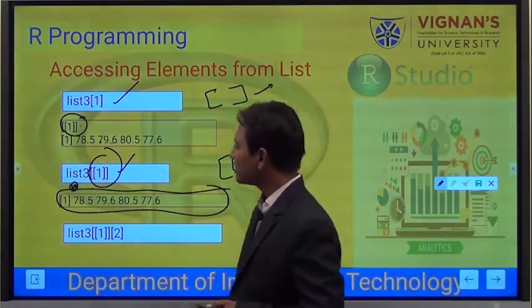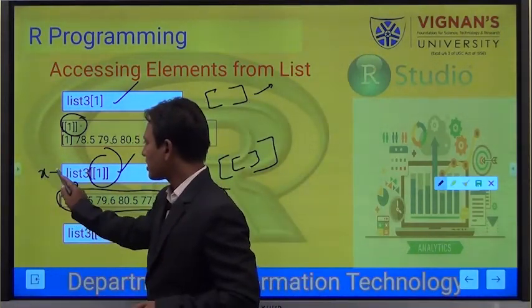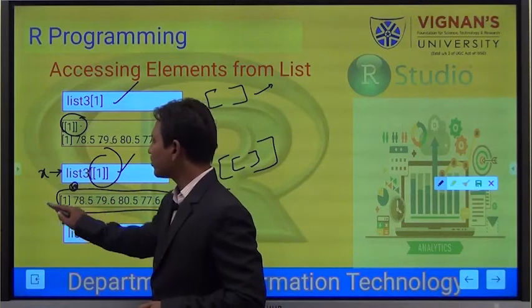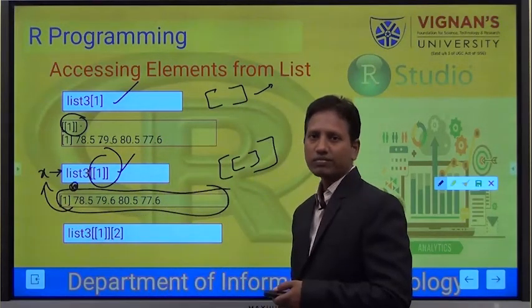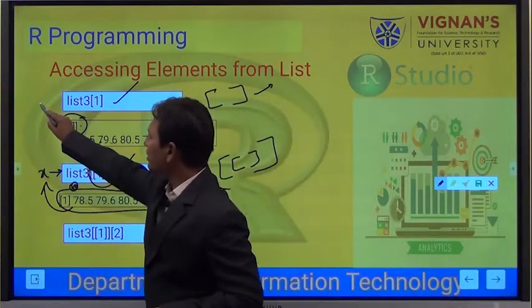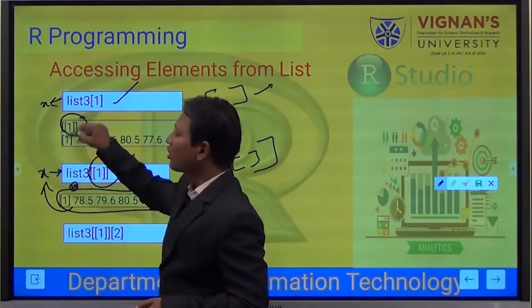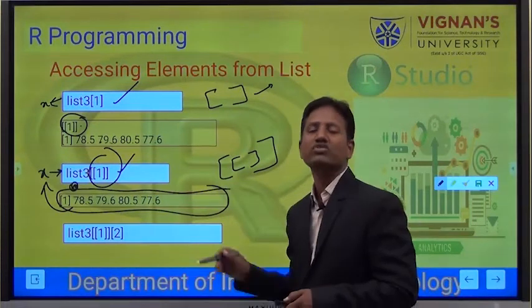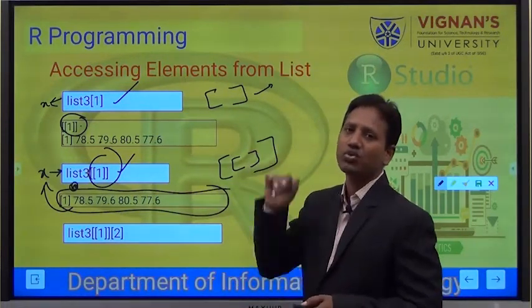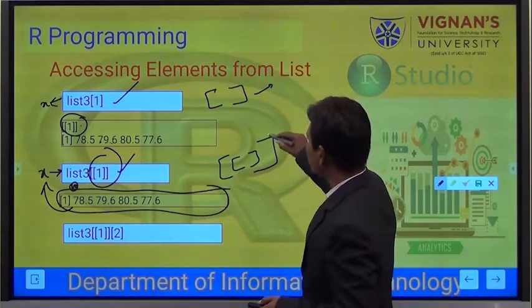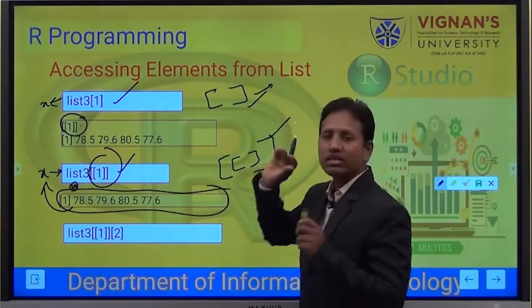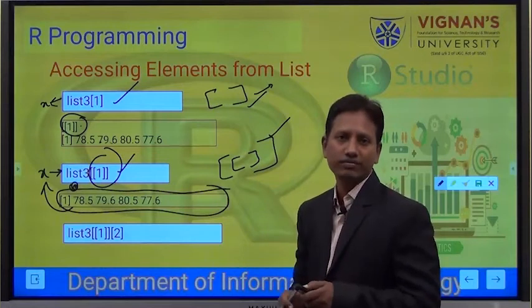If we use some x here, this vector is going to be stored here as an independent vector. Whereas here, if you do this one, this is not going to be an independent vector, it's going to be an item of list 3 only. This is the difference between this double bracket and the single bracket. This is the notable point.